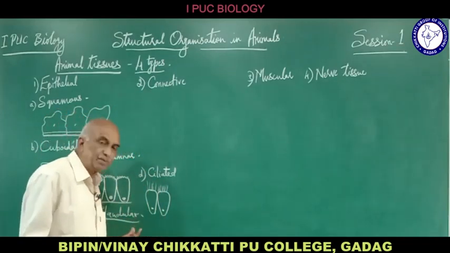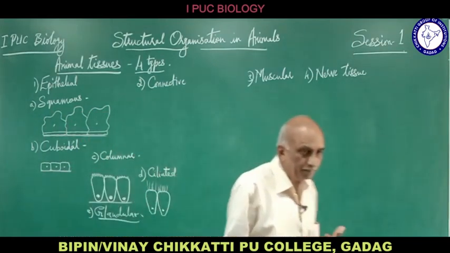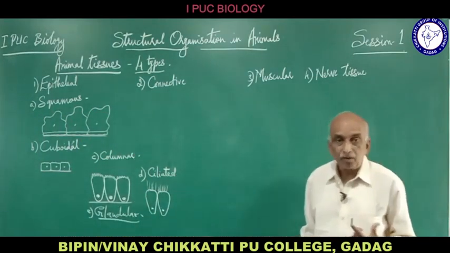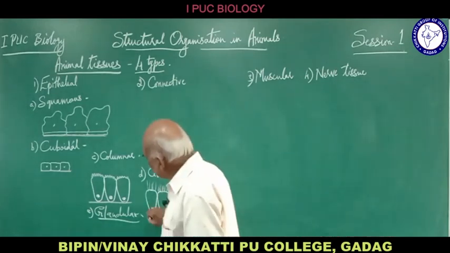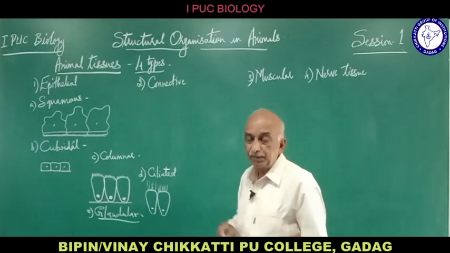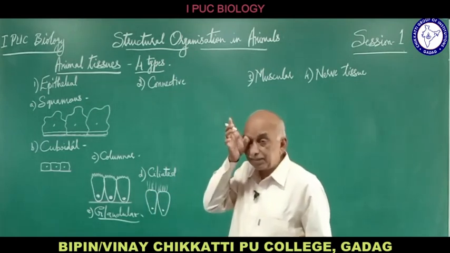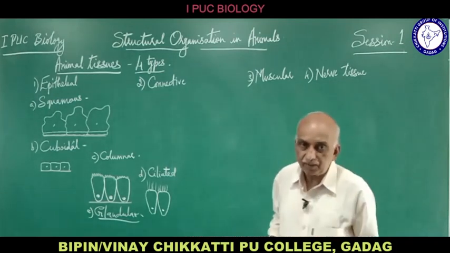All these glands are made up of glandular epithelium, which is made up of cuboidal or columnar epithelium. The glands may be unicellular or multicellular. For example, unicellular are goblet cells, and multicellular are salivary glands.